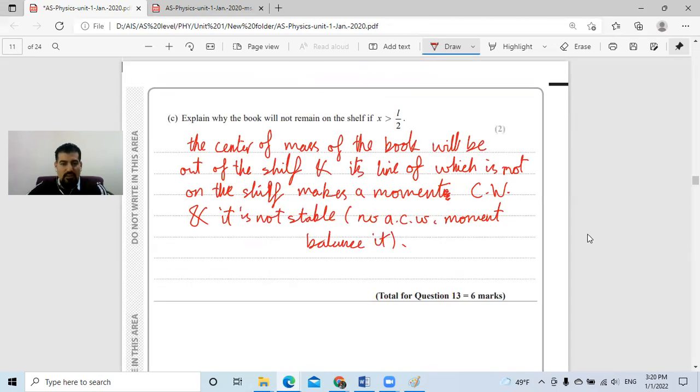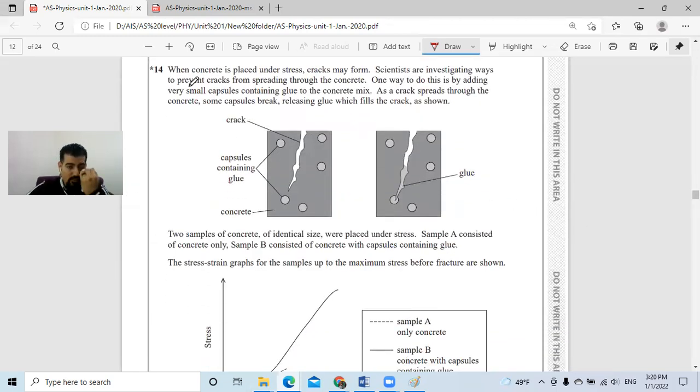Okay. Let's move on to question 14. Here there's a new idea. They give us a small piece of information about this new idea, and they expect us as students to know how to answer this question during the exam. When concrete is placed under stress, cracks may form.